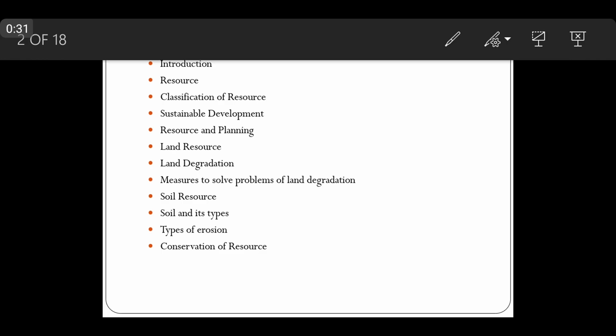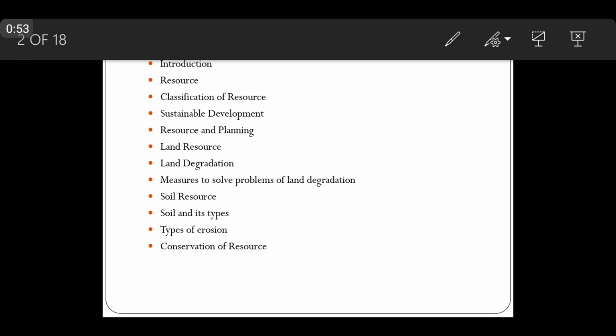Going into the depth of the chapter, you will learn about the development of resources, resource planning, land degradation, measures to solve the problems of land degradation, soil as a resource, types of soil, and then conservation of resources.